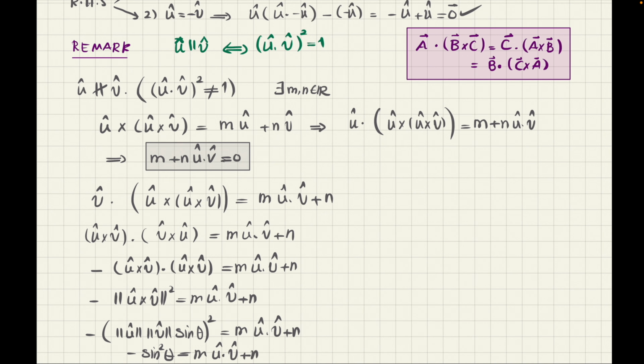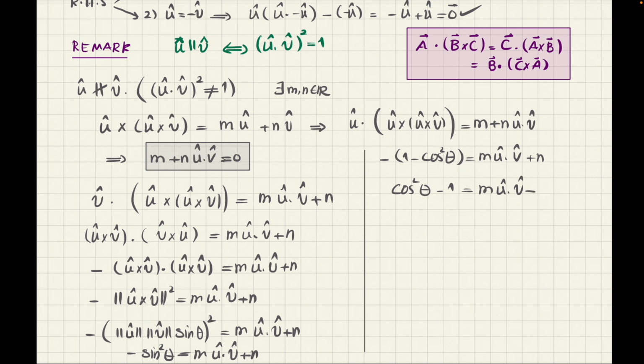But then let me continue here. Instead of sine squared, we can write 1 minus cosine squared theta, so minus of that equals m u dot v plus n, and then it becomes cosine squared theta minus 1 equals m u dot v plus n.